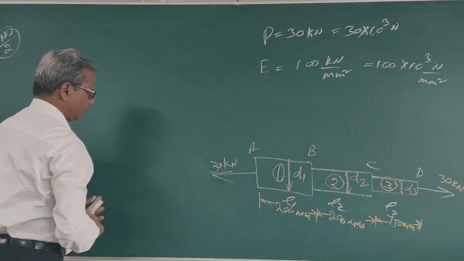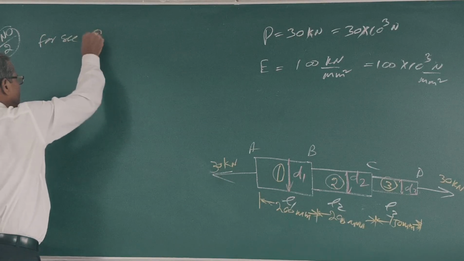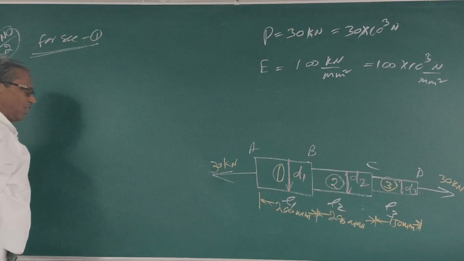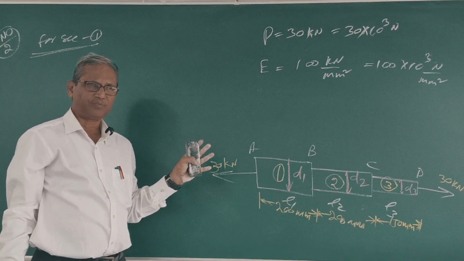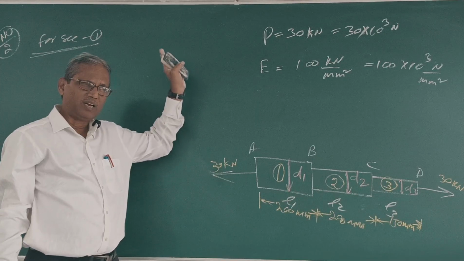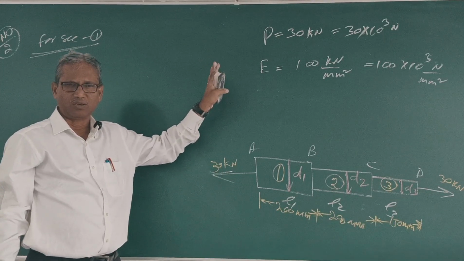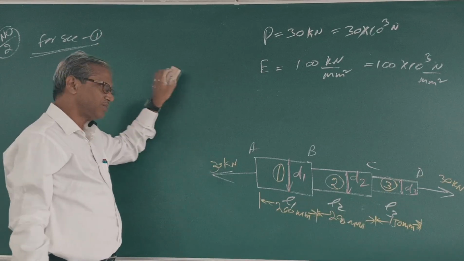Now, for section 1, I will write all the formulas, put the values, and you will use a calculator to find the answer. Right? I will write all the formulas and put in all the given data. You will use a calculator and find the answer.